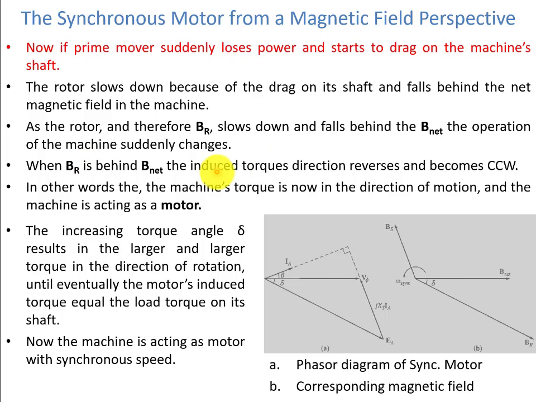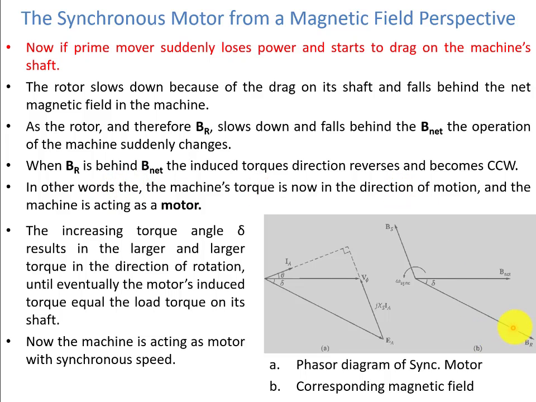So what happens then? When BR is behind B net, the induced torque's direction reverses. So the direction of the torque is changed and becomes counterclockwise. In other words, the machine's torque is now in the direction of motion. That's a very important point to understand.